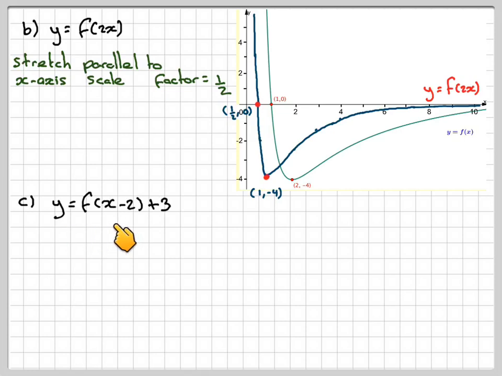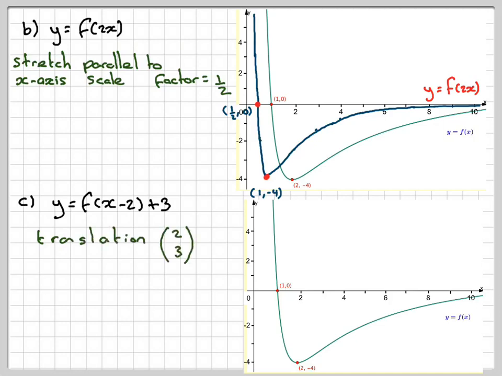y = f(x - 2) + 3. Well, this is just a translation (2, 3). Remember, if it's minus here, it's positive here. So it's a translation (2, 3). So this point here will move along 2 and up 3, and this point here will move along 2 and up 3, and therefore we go to (4, -1). And therefore we can join the points up here.